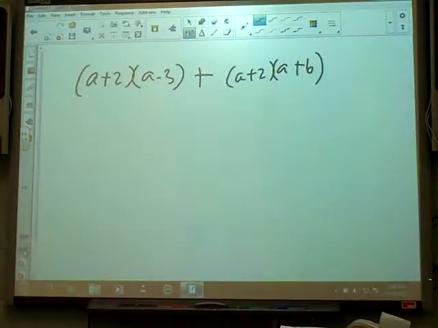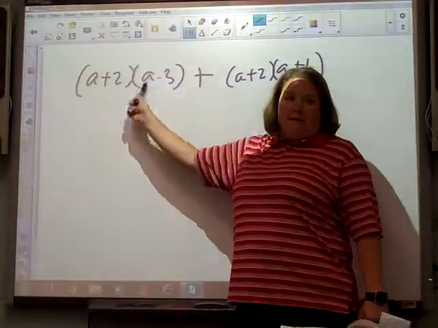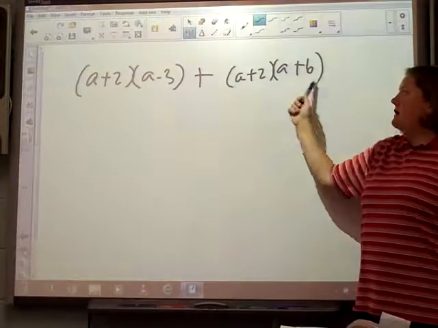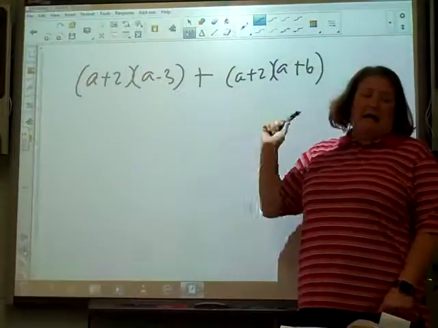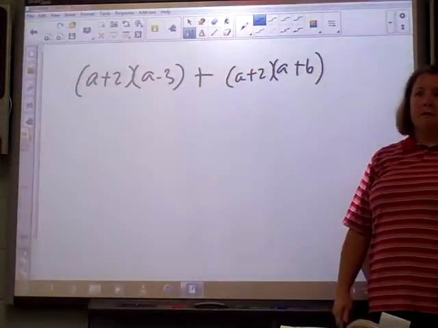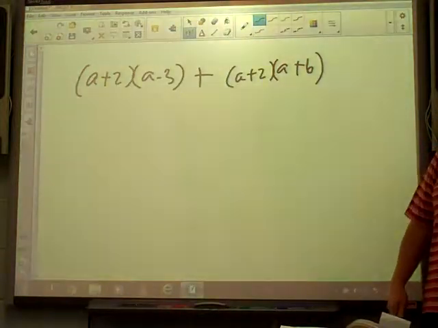So what we're looking at here, we're still looking for a greatest common factor. I'm looking at this as a giant left side of the addition sign and a giant right side. What is there in common on both sides? There's a whole binomial in common, a plus 2.